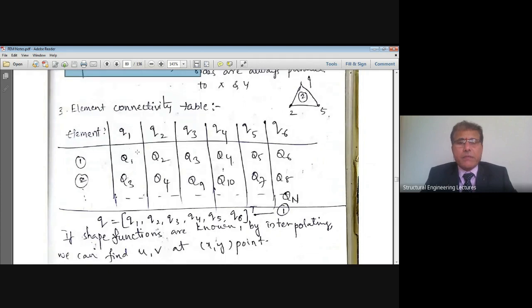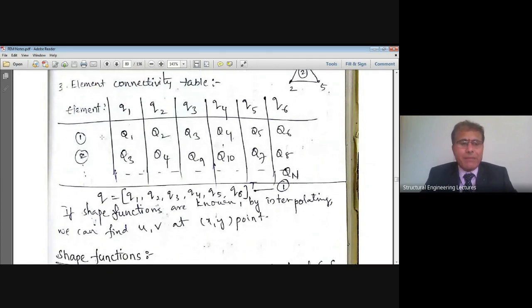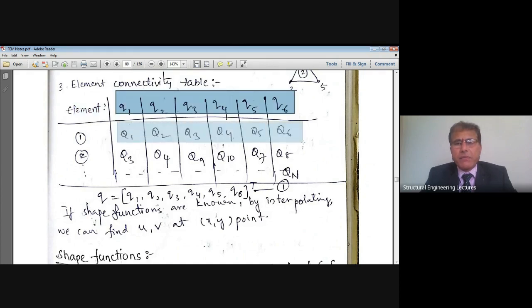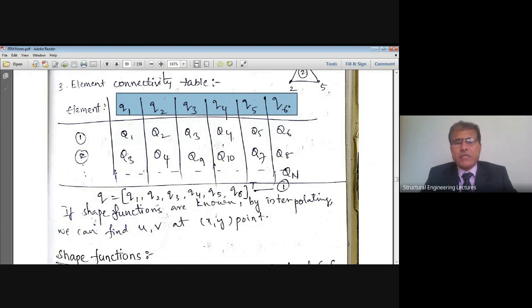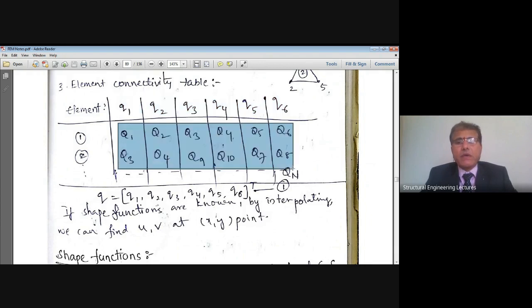And the next step we will write the element connectivity table, right? It establishes the relation between the element numbers and local degrees of freedom numbers with global degrees of freedom numbers. If I consider one element, it has 6 local degrees of freedom, q1, q2, up to q6. Small q's represent local degrees of freedom. Capital Q's indicate the degrees of freedom in global coordinate direction, right?